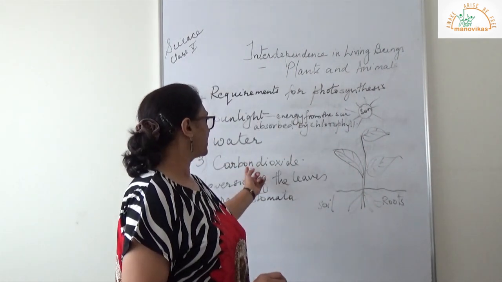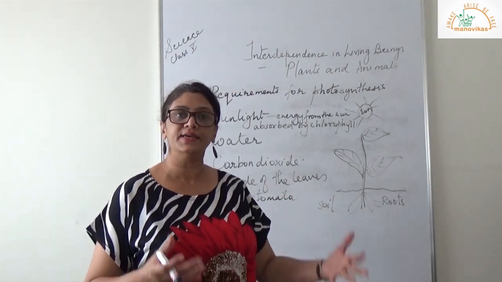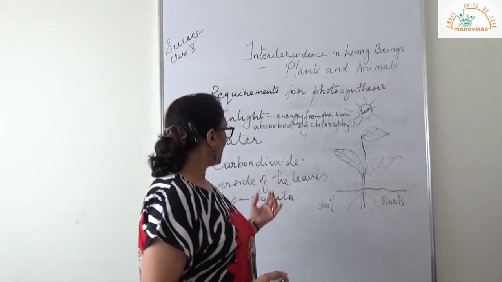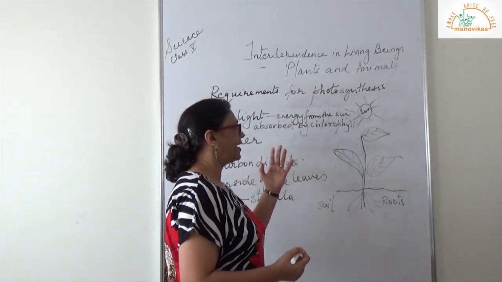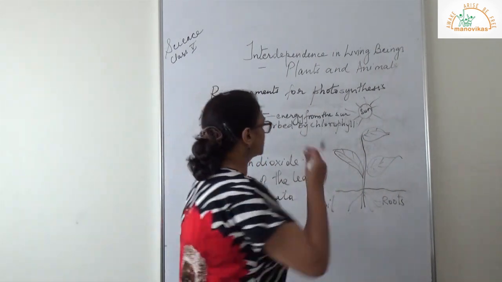So through the stomata, carbon dioxide is absorbed by the leaf, and in the presence of sunlight, photosynthesis takes place.